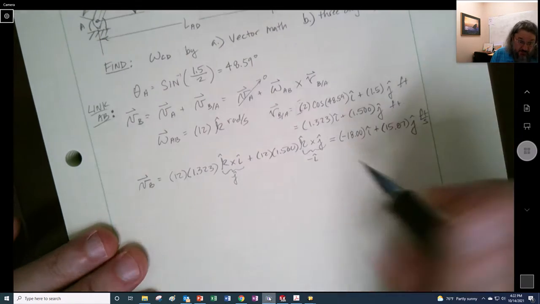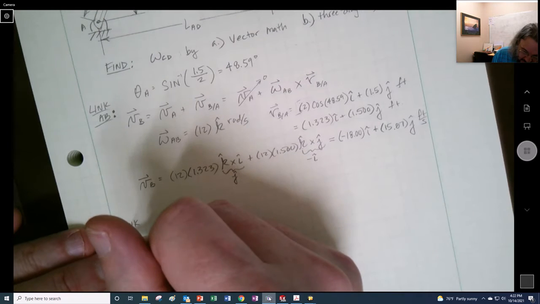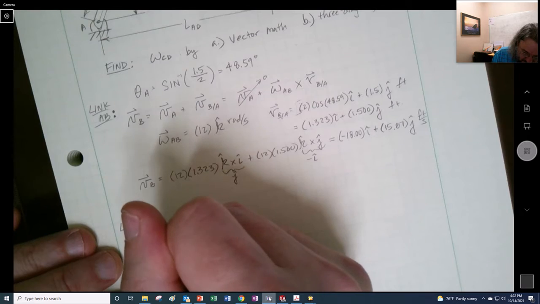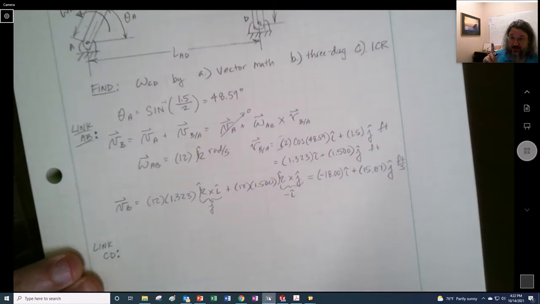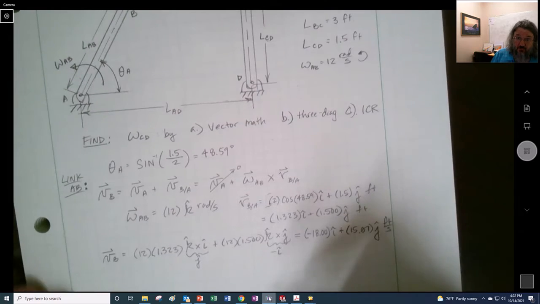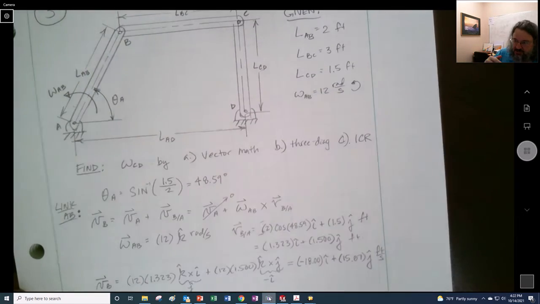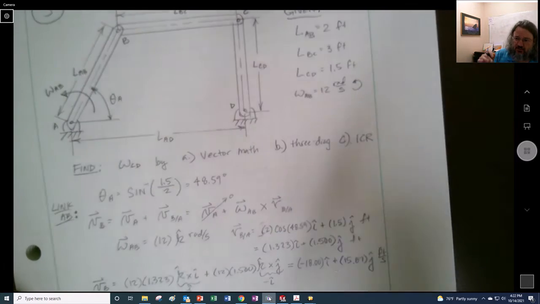Link AB. Now we're going to do link CD, but we're going to do a preliminary version of it. We're going to put a pin in it, but it's going to help us in a little bit. We don't have to do that. We could do the other one to see if we get stopped, but then we're going to find this here in a second.